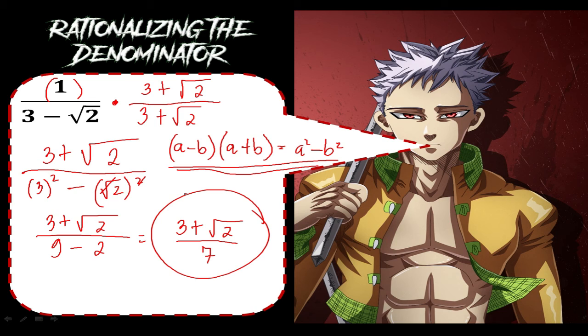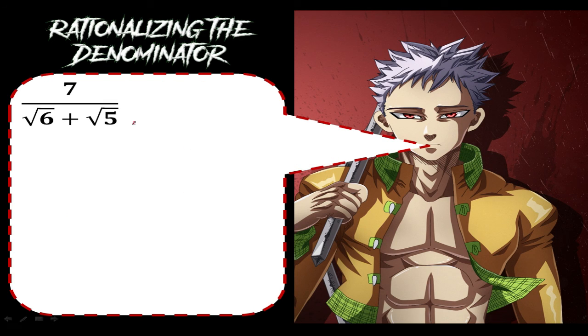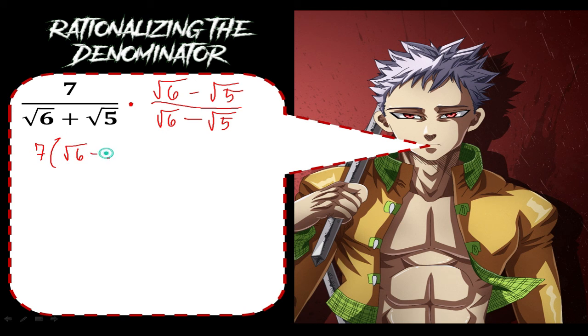Okay, don't forget. Next, again, we have binomial denominator, so we can multiply it by its conjugate. The conjugate of that denominator is square root of 6 minus square root of 5. So the numerator, 7 multiplied to the square root of 6 minus square root of 5, and the denominator will have square root of 6 square minus square root of 5 square.